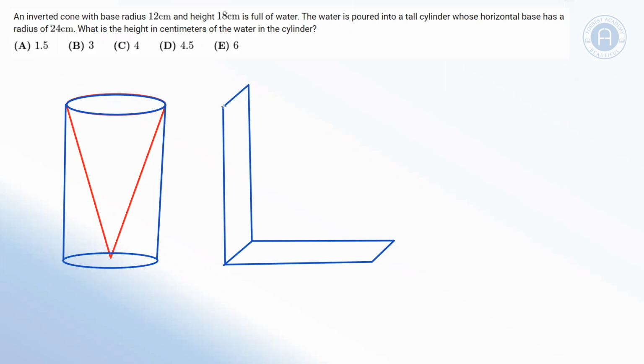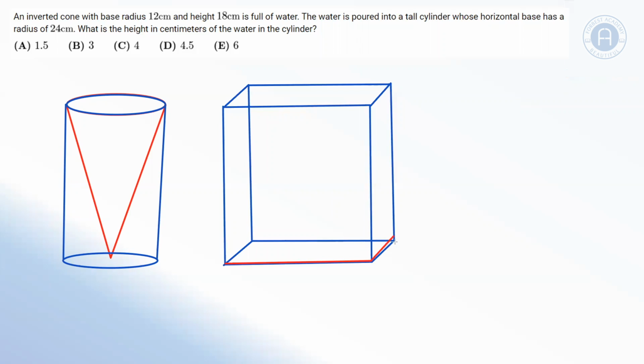If we had a cuboid, and inside that cuboid there was a pyramid using the same base and the same height, the volume of that pyramid is going to be exactly 1/3 the volume of our cuboid. It doesn't matter where that point is. That point could be in the corner, that point could be in the middle. The volume will always be 1/3 the size of its corresponding prism.